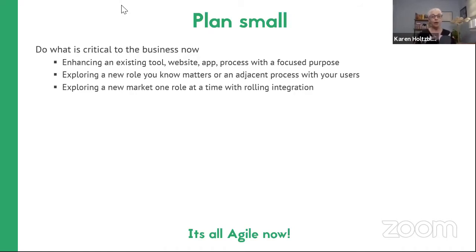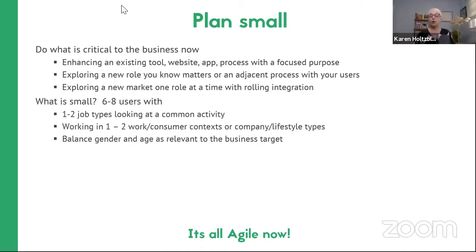If you're going to do a new market, you're really going to only be able to take a look at one new role or one new activity in that market at a time. You want to think about what you can do in a sequence rather than what you can do overall. So what do I mean by small?